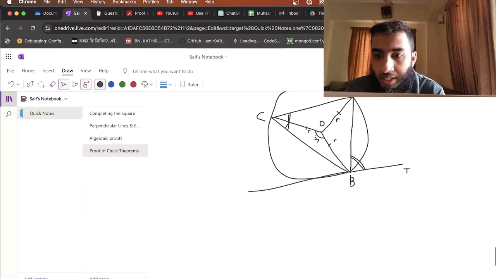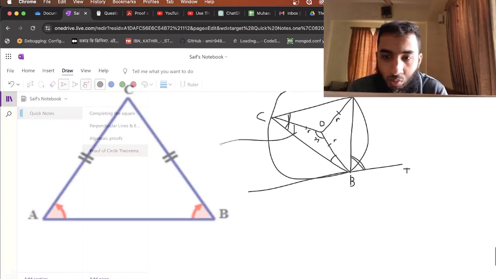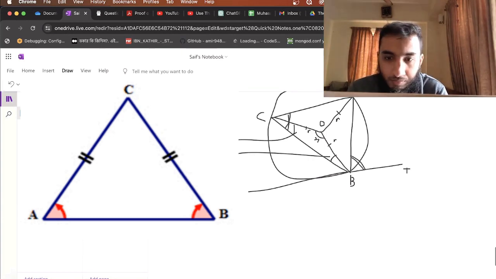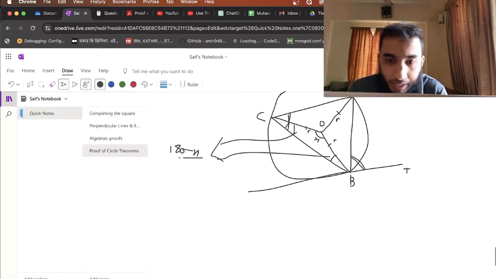Because they are radii, the opposite angles are equal. So this angle and this angle are equal, which we did in the previous 2 videos. So if this angle is X, what are these 2 angles? 180 minus X by 2.